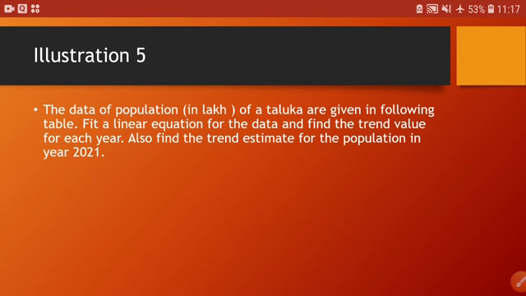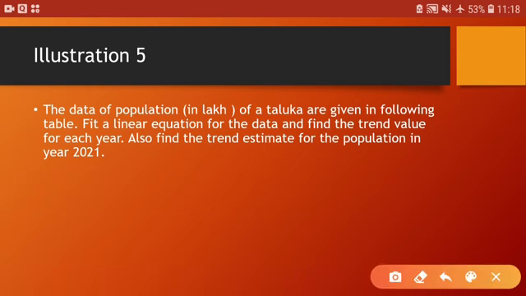First of all, write important on that. It is a bit lengthy and a good one. The data for population of a taluka are given in the following table. Fit a linear equation for the data and find the trend value for each year. Also find the trend estimate for the population in year 2021.